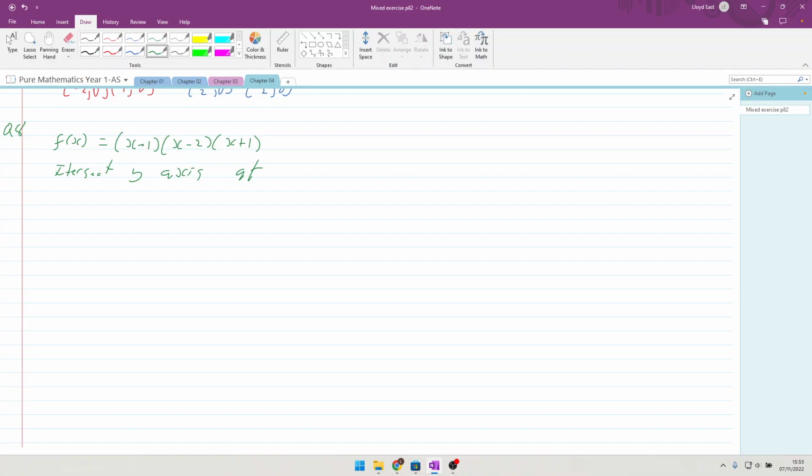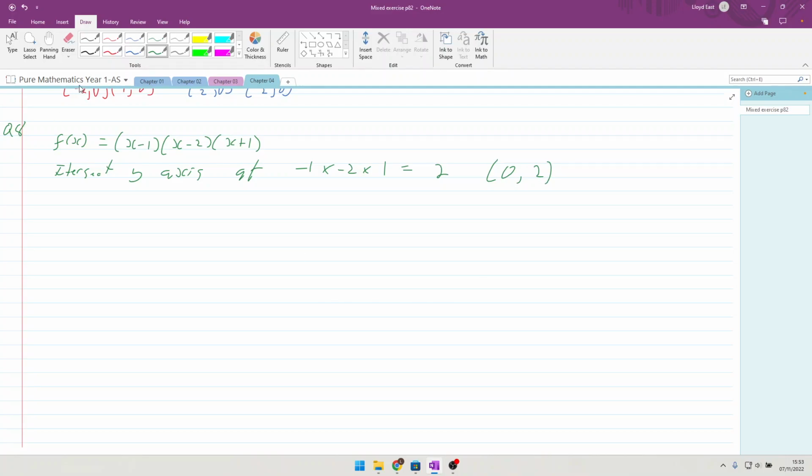I always call it the c because that's what you know from y equals mx plus c. It's also what you know from your quadratics. So your cubic here, minus 1 times minus 2 times 1 is equal to 2. So the intersect is at x is equal to 0, y is equal to 2. Okay.